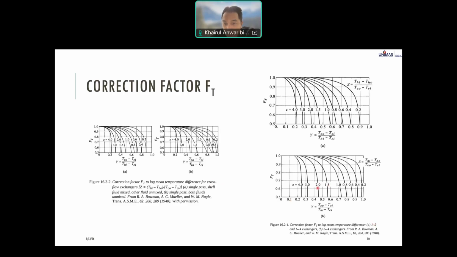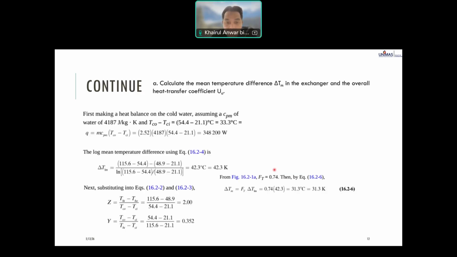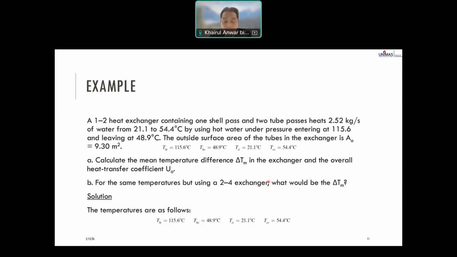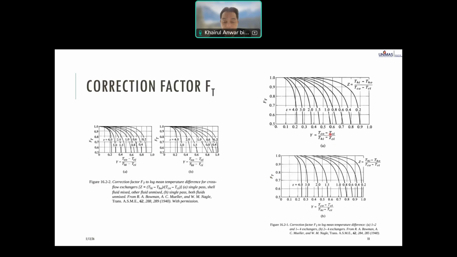So 0.345 here. Is it correct? 0.74. 16.2-1a, this one, 1 to 2. Okay, this one.